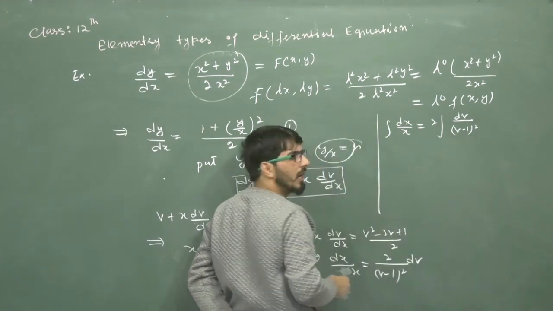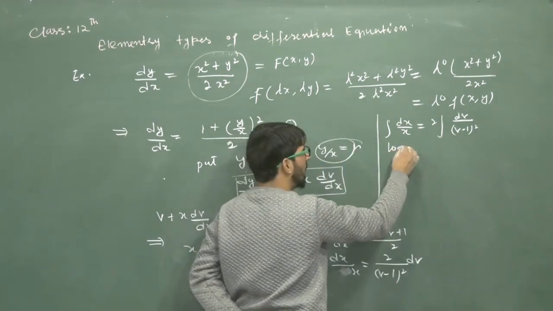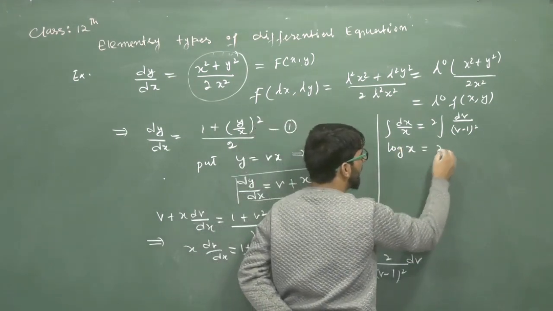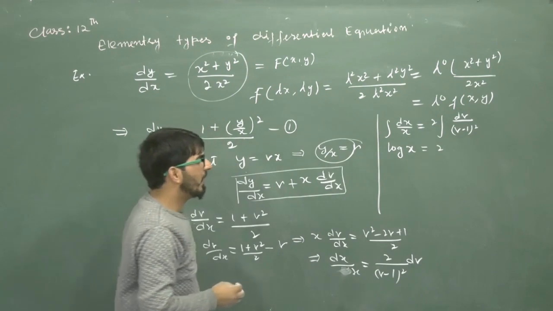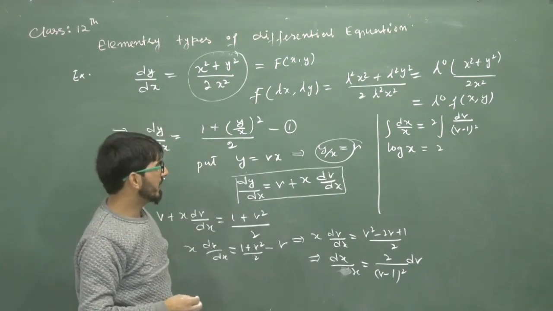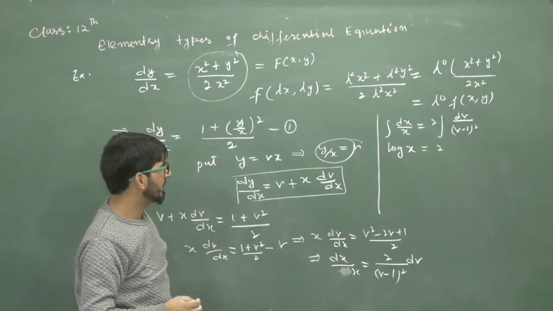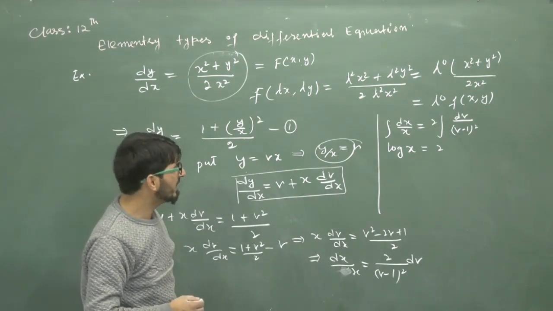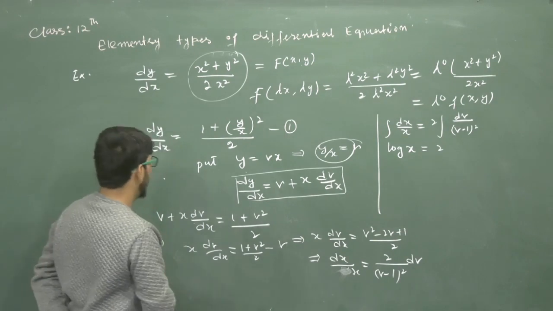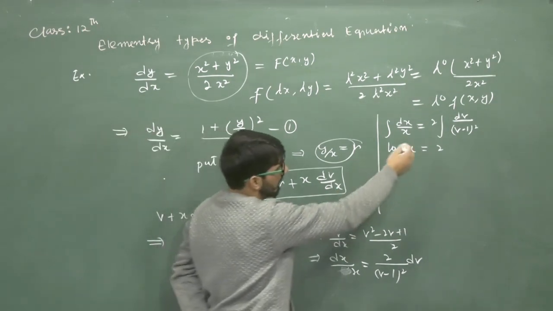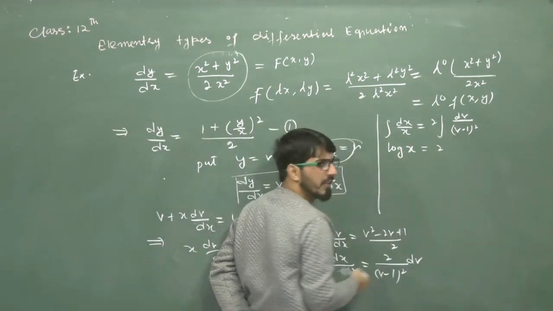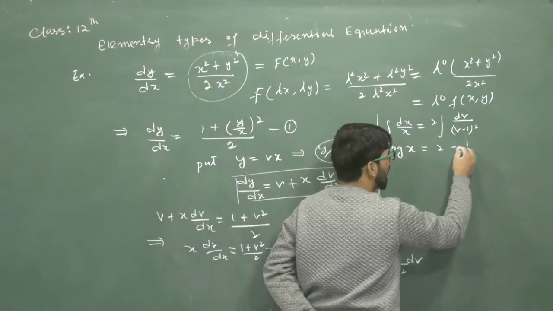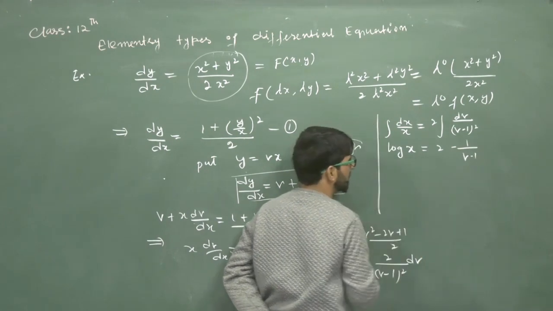As we know that integral of dx by x is log of mod of x, is equal to 2 times integral of dv divided by (v minus 1) whole square. As we know that differentiation of 1 by x is minus 1 by x square, that integral of dv divided by (v minus 1) whole square is minus 1 upon (v minus 1).